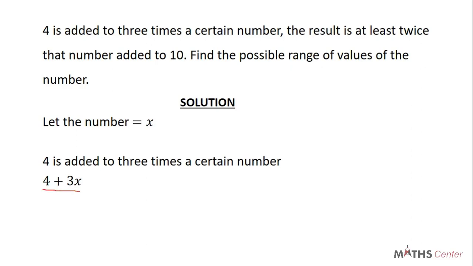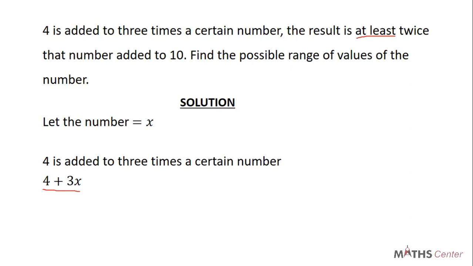This result, 4 plus 3x, is at least twice that number added to 10. So the statement at least is playing a major role here. Now, which inequality sign are you going to use for this statement? When I tell you, give me at least 2 books, what does it mean?